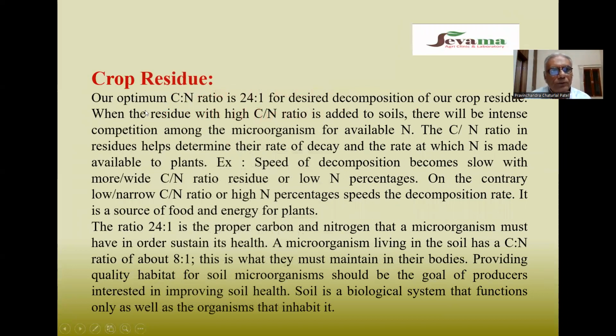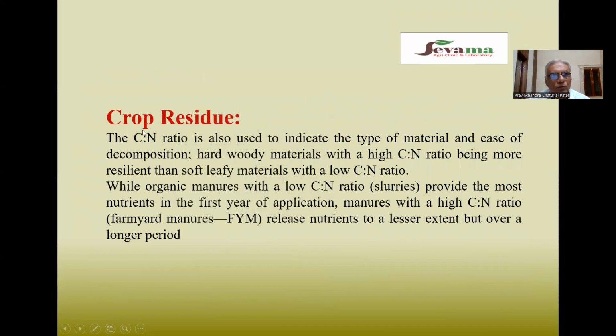So, crop residue. Our optimum CN ratio is 20:1 for desirable decomposition of crop residue. When residue with a high CN ratio is added to soil, there will be intense competition among the microorganisms for available nitrogen. So we have discussed this. For crop residue, the CN ratio is also used to indicate the type of material and ease of decomposition.